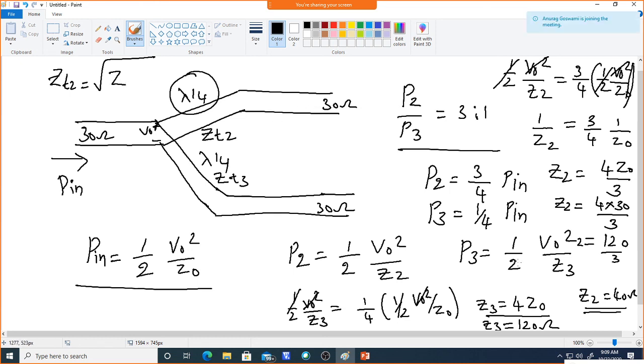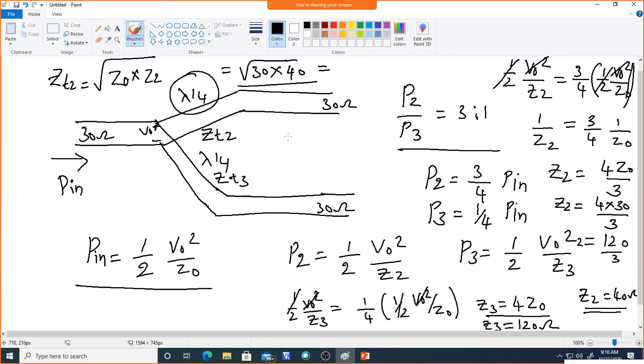You can see here we got the impedance of 40 ohm for Z2 and 120 ohm for Z3. So for ZT2, you will have the characteristic impedance Z0 into Z2. So what is Z0? Z0 is 30 into Z2 is 40. So now what is the value? Just calculate and tell me what is the value.